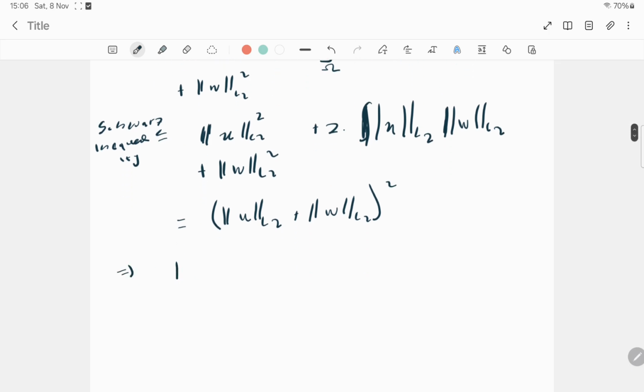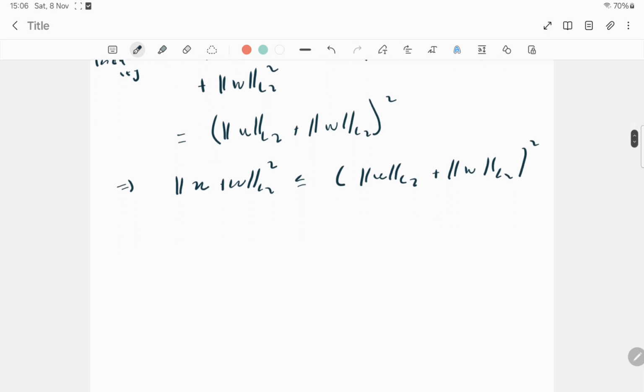So already I have that the norm of u plus w in L2 squared is less than or equal to the norm of u in L2 plus the norm of w in L2 squared.